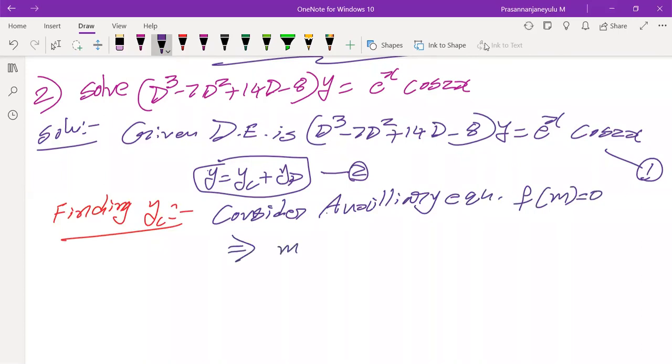In place of f of D, we have to substitute m in place of D. Then it will become m cube minus 7m square plus 14m minus 8 equals 0. Now we need to find the roots for this. For this, as I mentioned, use your calculator and find out the roots.